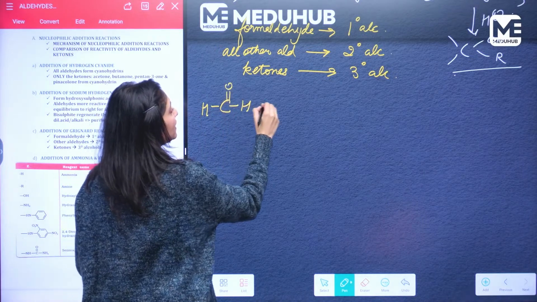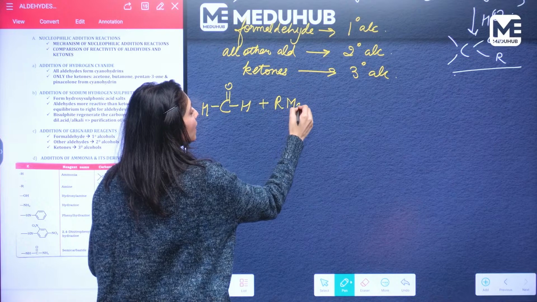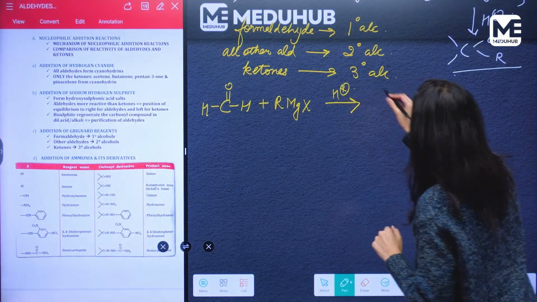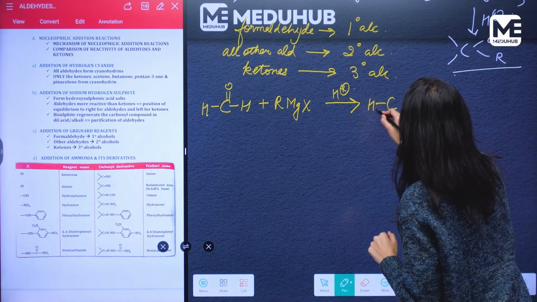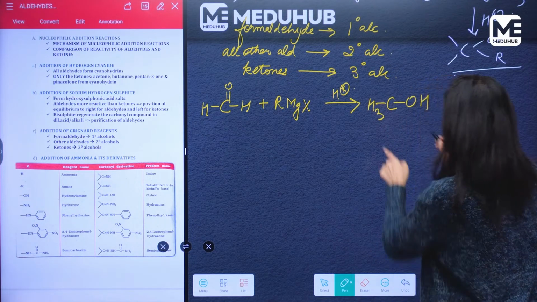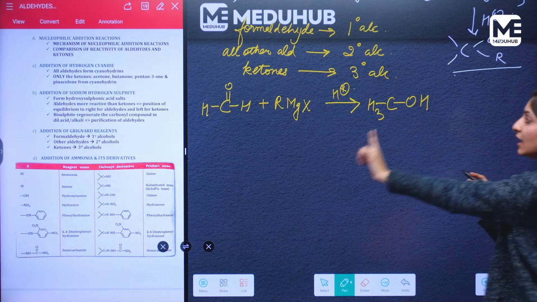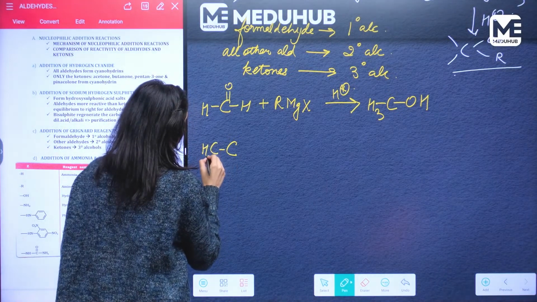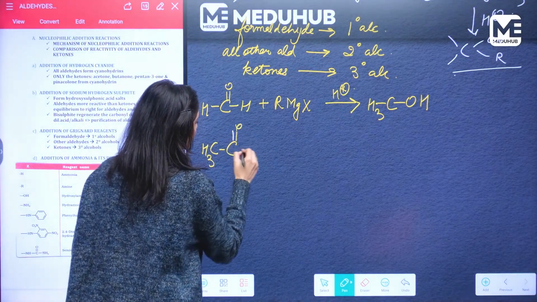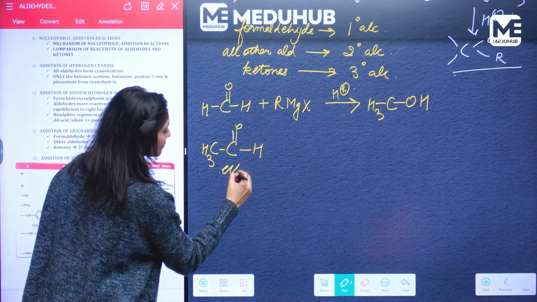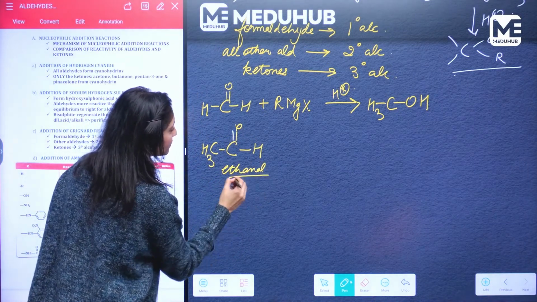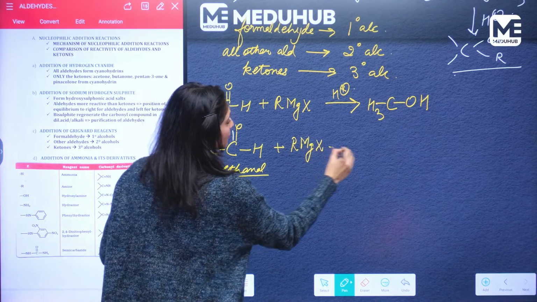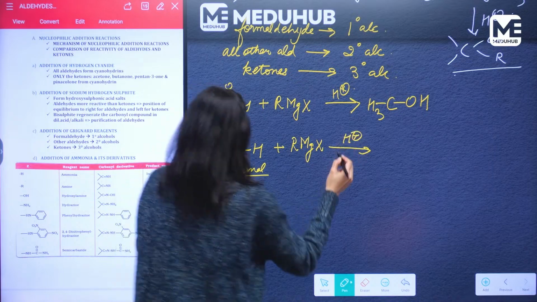So this is formaldehyde. This will react with RMgX to give this alcohol. This is ethanol, 1 degree alcohol. If we have ethanal, this will react with RMgX and acid.